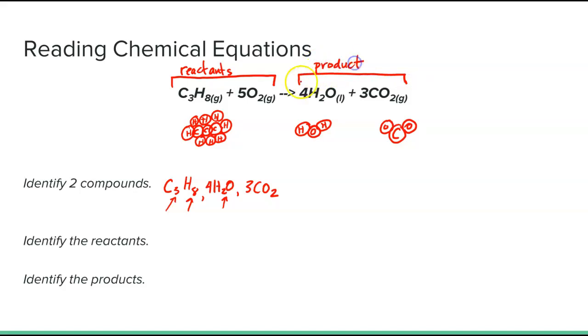That's what you're left with. This is the end result. This is what you produce. So in this case, our reactants are C3H8 and 5O2. Our products are 4H2O and 3CO2.